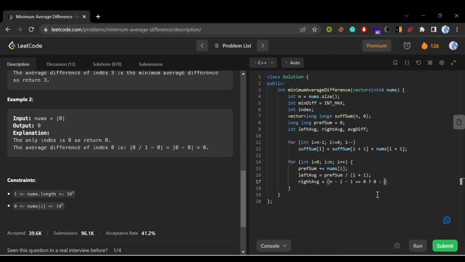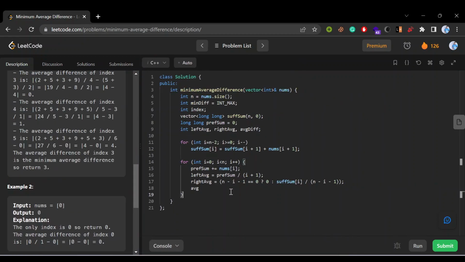Otherwise, suffix sum of I should be divided by n minus I minus 1, right? And the average difference will be equal to the absolute difference of left average minus right average. Fine.